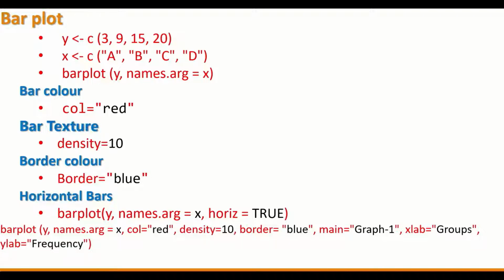Also, you could change the orientation of the chart by drawing either vertical or horizontal bars using the command barplot, bracket, y, comma, names.arg equal to x, then comma, then the command for the orientation, horiz equal to TRUE.